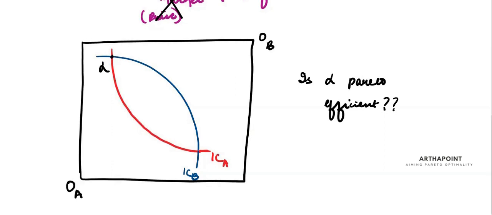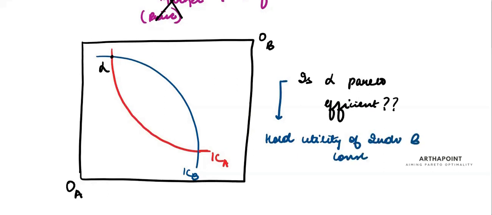Well, we can solve this problem in the following way. Let's hold the utility of individual B constant.